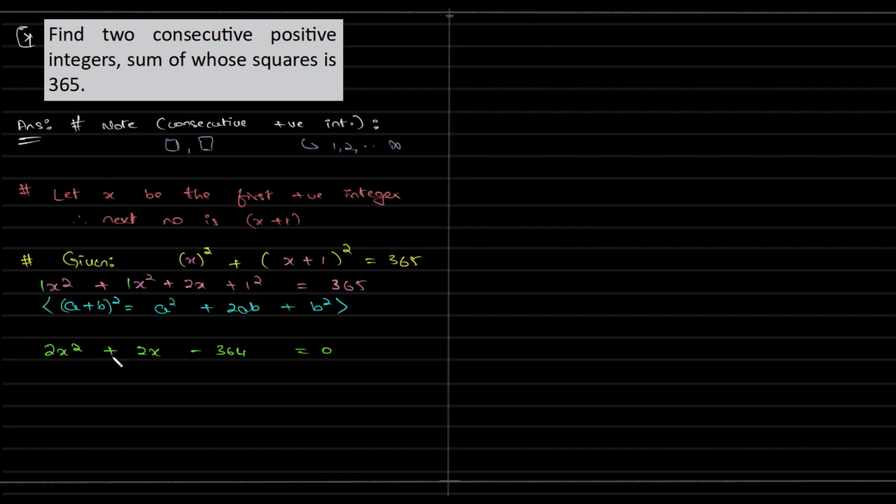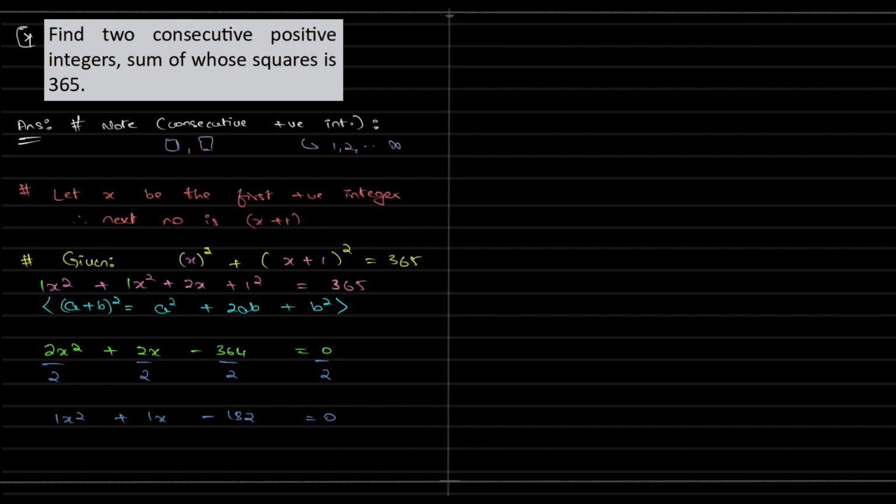We need to divide with something, and that something will be 2. So we have x squared plus x minus 182 is equal to 0.